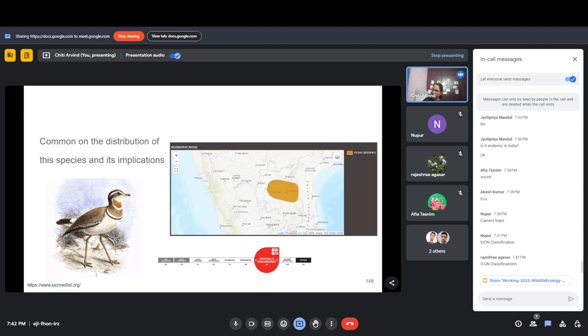IUCN, what is the full form of IUCN? Right, that was easy, right? International Union for Conservation of Nature, right?